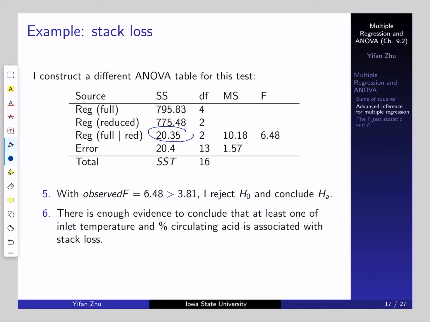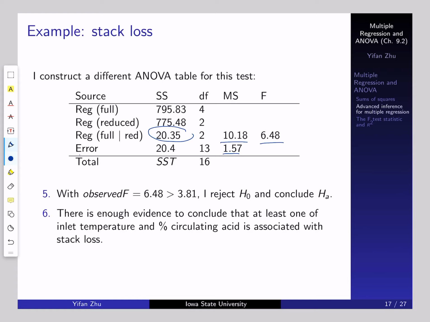So the extra variation explained by the full model is 20.35, the mean square for the extra variation is 10.18, and the MSE is 1.57. The F statistic is the ratio of these two, which is 6.48.